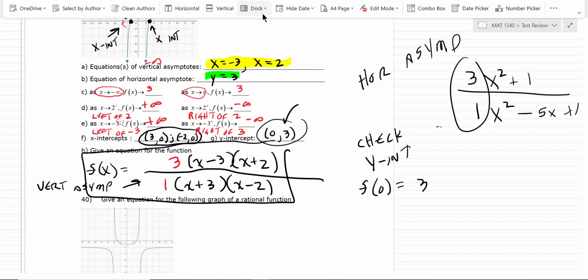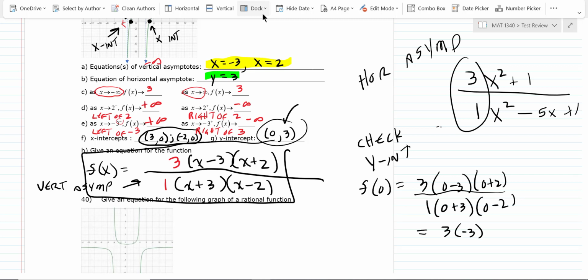So we would do 3 times (0 minus 3) times (0 plus 2) all over (1 times (0 plus 3) times (0 minus 2)). Okay, look what happens. That would be 3 times -3 times 2 over 3 times -2. That would end up being, what would that be? -18 over -6. That's equal to 3. That's what it was supposed to be.